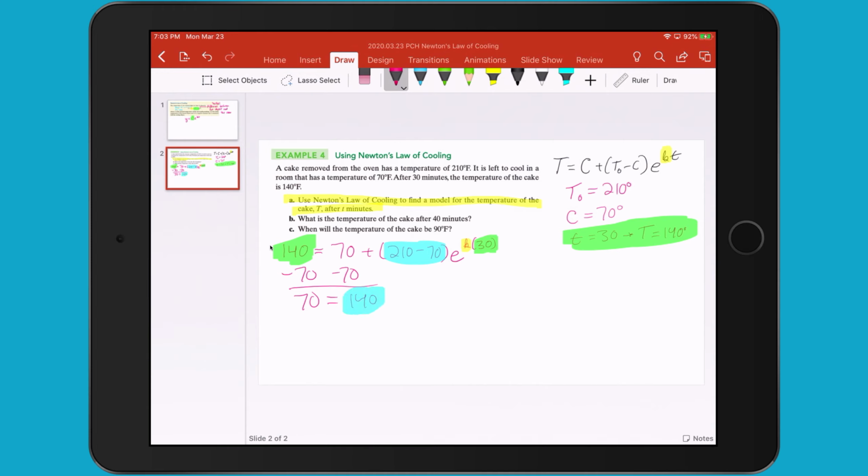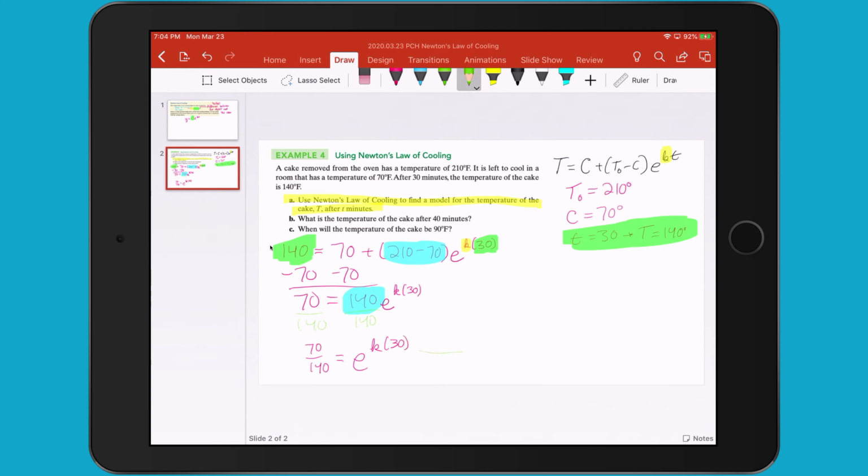And that is still my coefficient before the e raised to the k. The time is still 30 in this case. So now I divide both sides by 140 here. And that gives me 70 over 140 equals e to the k times 30.